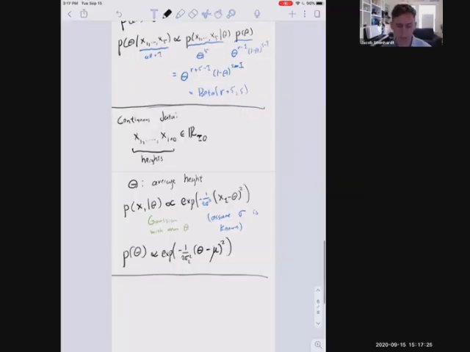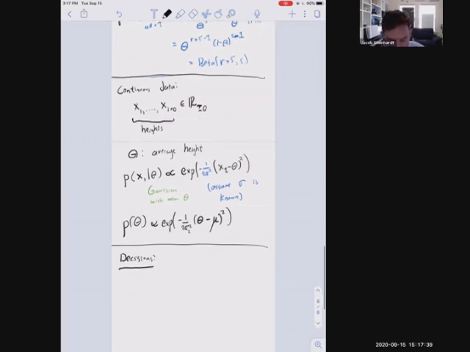So the first point I want to make is I want to come back to decisions. I guess this doesn't have that much to do with the height question, but for the product decision question, I need to actually choose a product to buy.